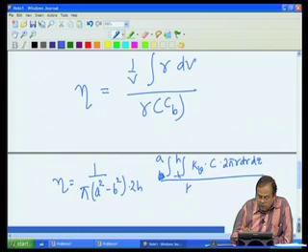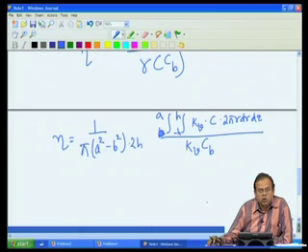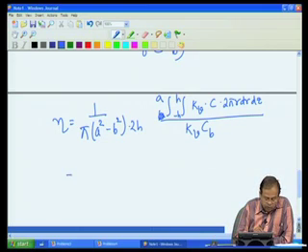And what would have been the rate if mass transfer was not limiting? So, that is kV into Cb. So, this is my effectiveness factor. What needs to be done is to make this also dimensionless, and if you do that, we are left with this form of the dimensionless quantity.